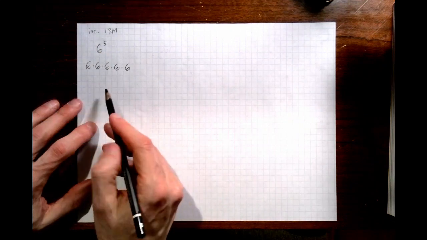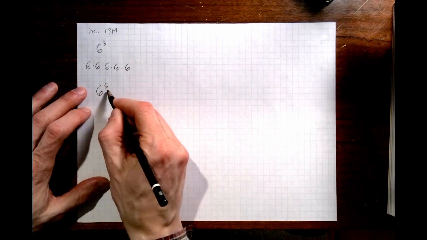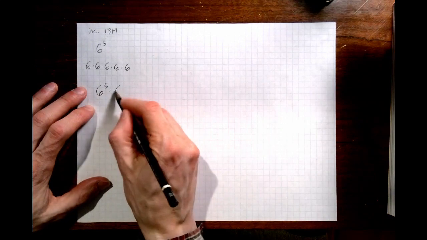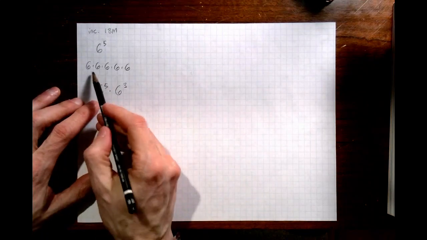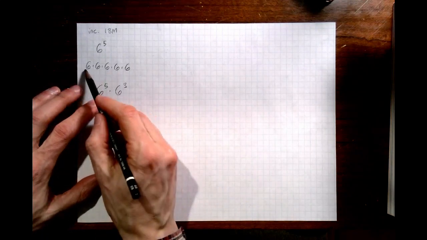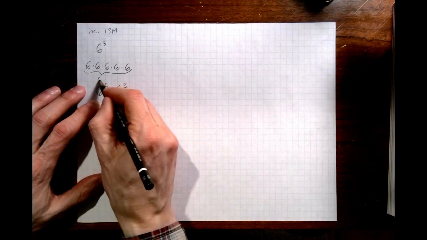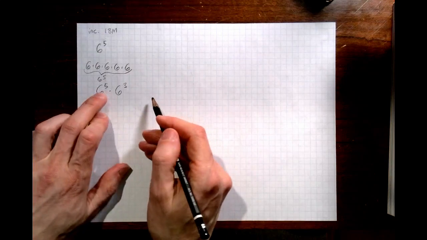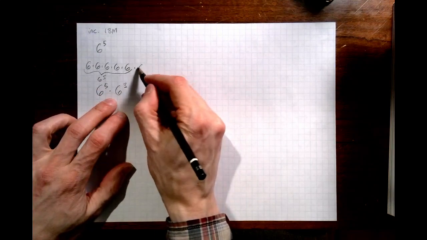Here it is. Suppose you now have 6 to the 5th times 6 to the 3rd. We already have 6 to the 5th right here, and then times 6 to the 3rd.